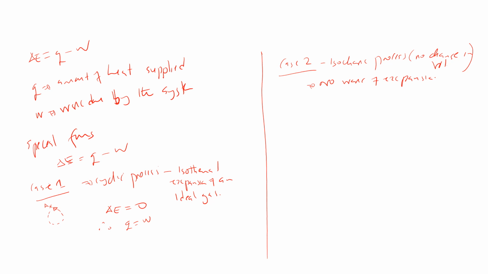And so W is equal to 0, and therefore delta E will be equal to QV, because V is a constant. Case 3 is for an adiabatic process.